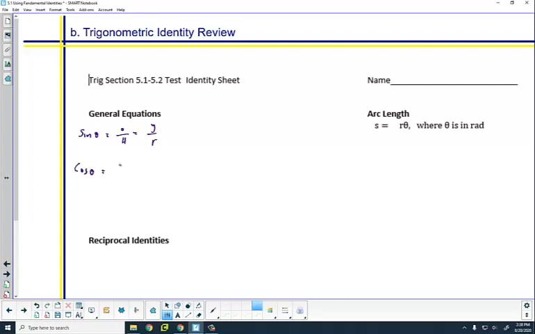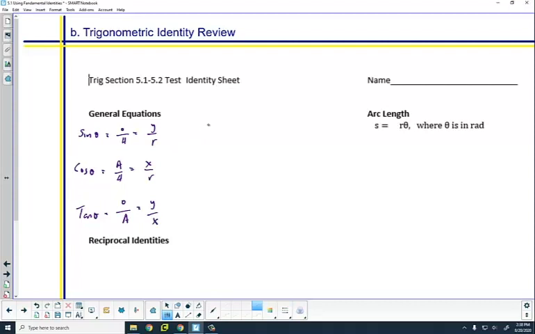Cosine theta is adjacent over hypotenuse, or x over r, sorry, getting those mixed up. And tangent theta is opposite over adjacent, y over x.